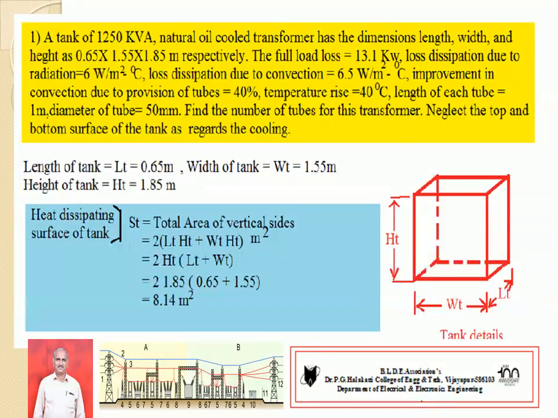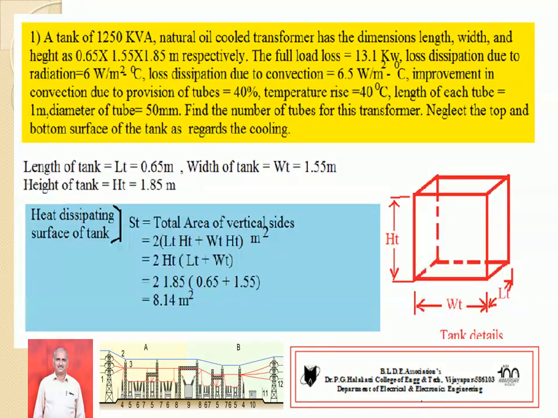But in this problem the improvement in convection due to provision of cooling tubes is given as 40%. Then while estimating the respective data, instead of 35% we have to take a 40% increase. That is the one idea.